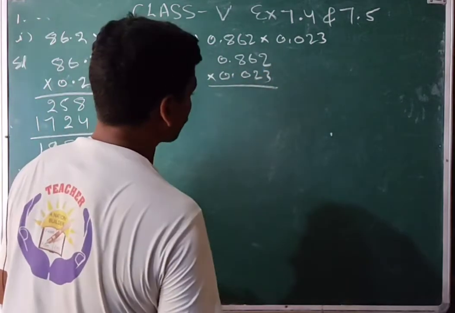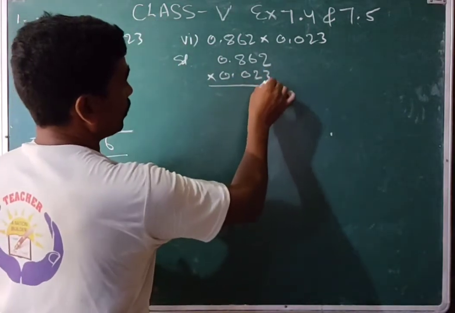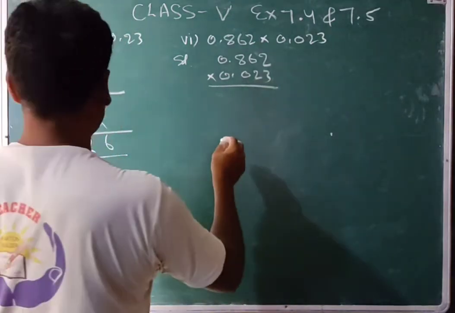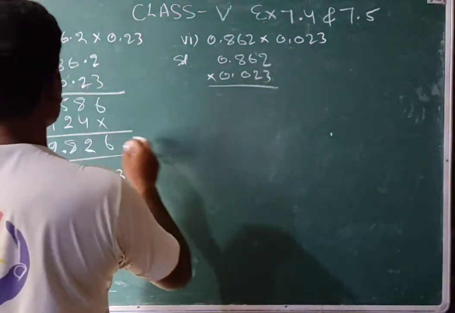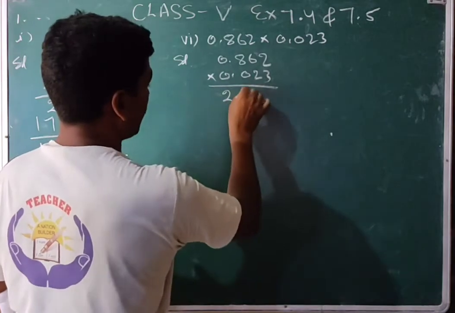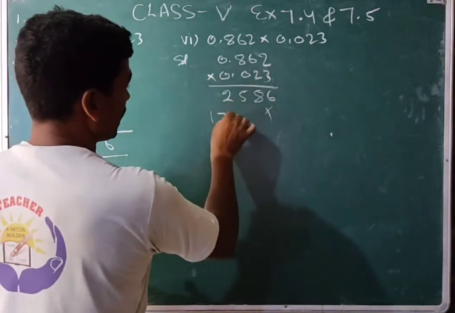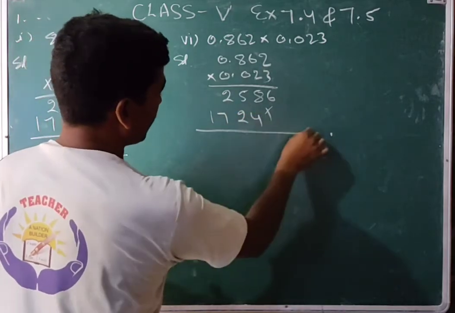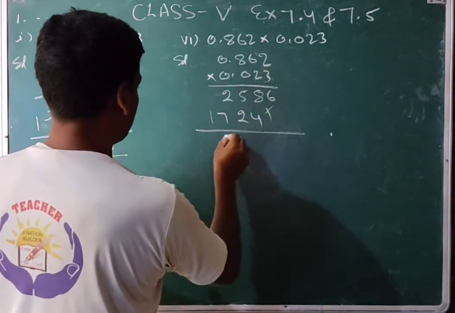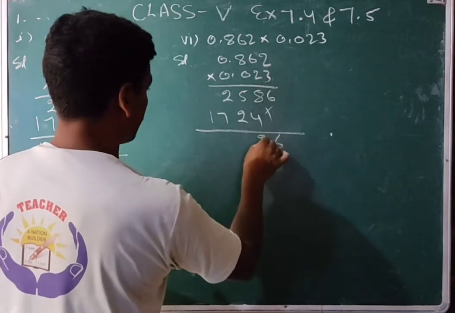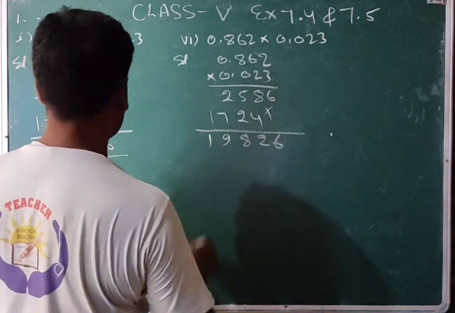Okay, now multiply will be same because the number is same, 2586 and then 1724 and then 8 will also come same, that will be 6 2 8 9 1.